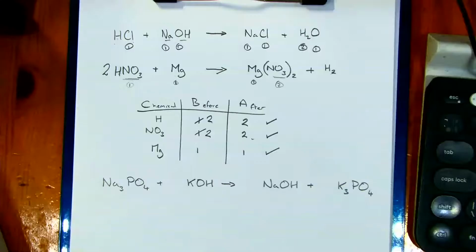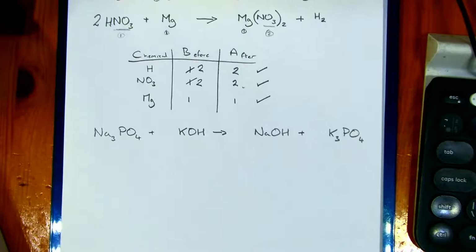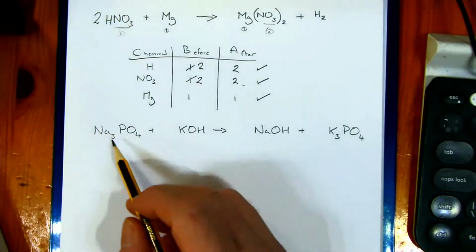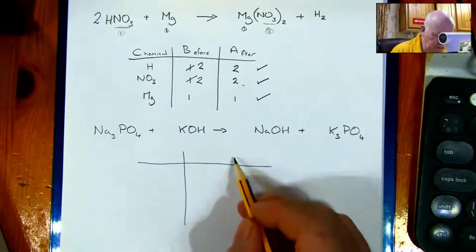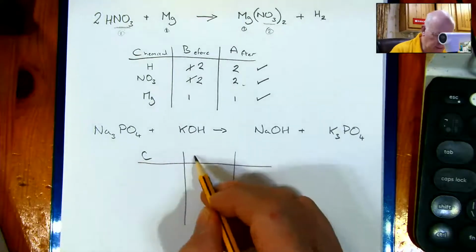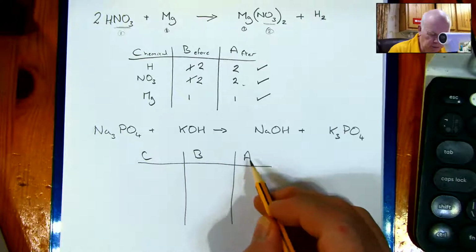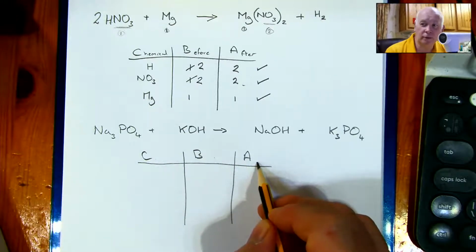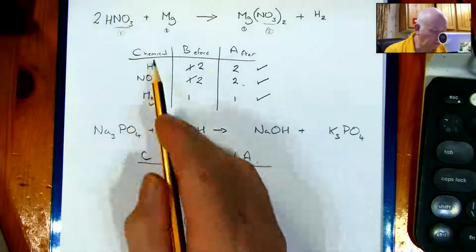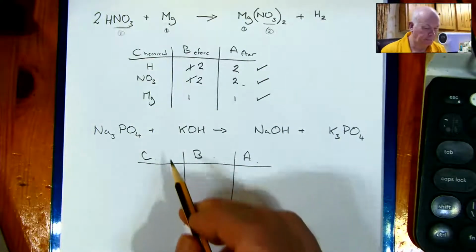Let's have a look at that. So I've written out the equation, and I remember when we do this, CBA, the chemical before and after. I really can't be asked to write that out again, so I'm not going to bother.